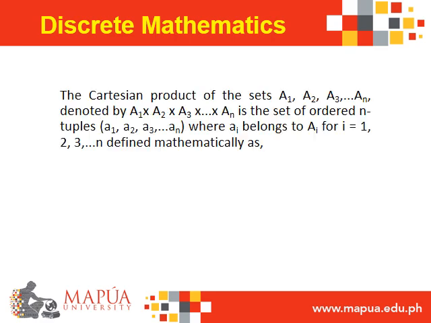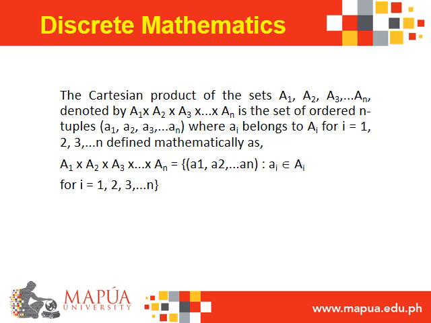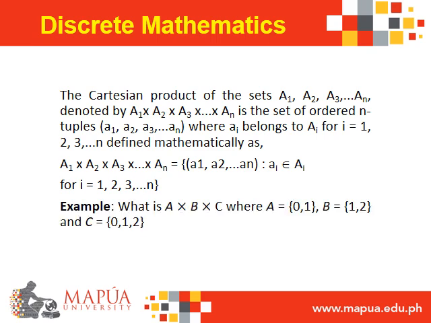The Cartesian product, therefore, involves a set of ordered n-tuples, which may contain more than 2 elements, which belong to elements of set A paired with other elements that are multiplied to your given set. This is one such example. Let's say we wanted to evaluate the product of A times B times C, where A contains 0, 1, B contains 1, 2, and C contains 0, 1, and 2.